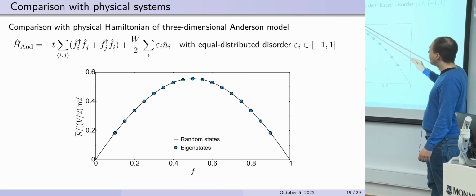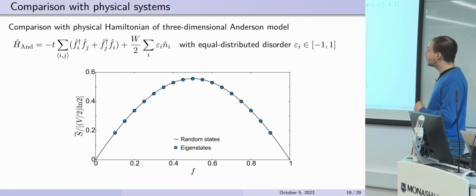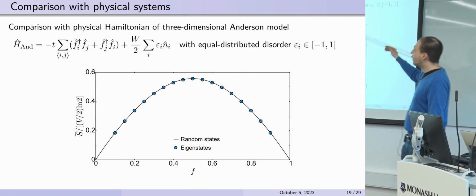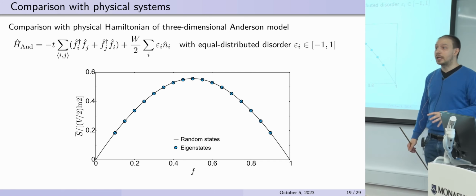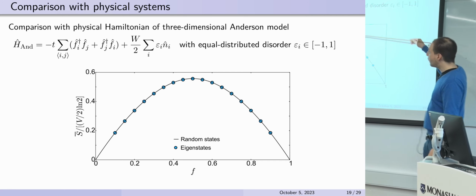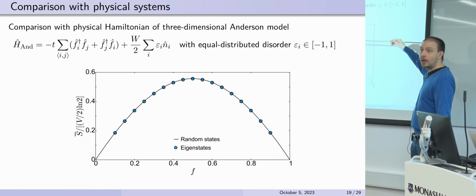And what we did is we computed eigenstates of this Hamiltonian numerically and computed their entanglement entropy and compared that to random states, but now not random states in all of Hilbert space, but random states in the sector of fermionic Gaussian states. So the one where we have this lower entanglement entropy, the rounded curve. And again, we find excellent agreement in that case. So, this work has now also been extended for other models.